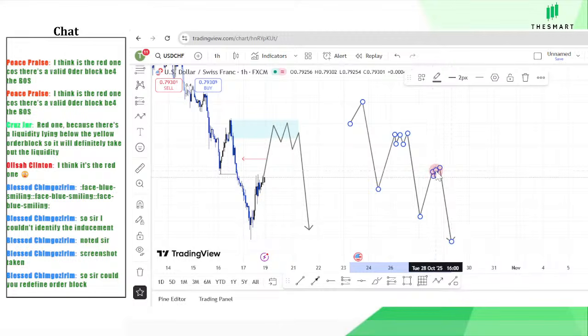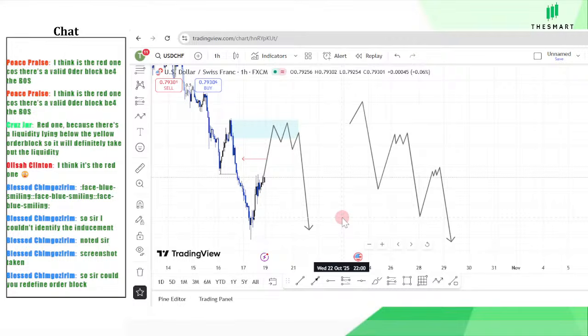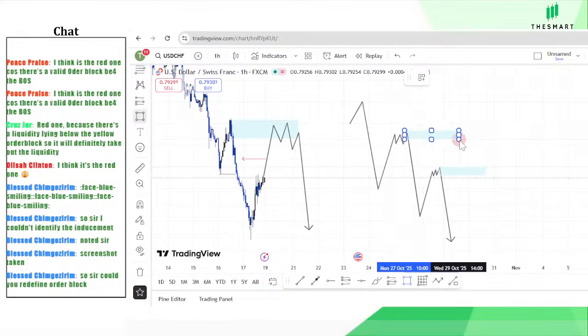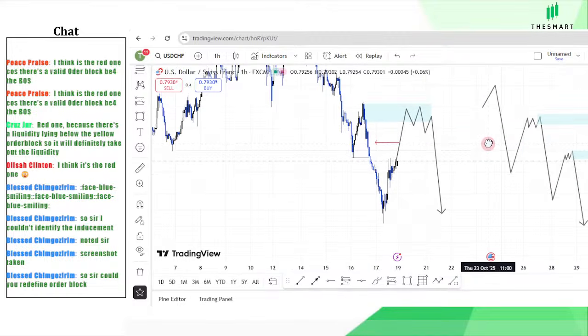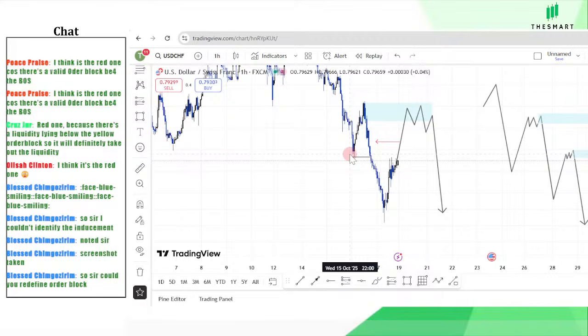So what it simply means is we have pending orders here. Let's assume, looking at the last chart, this price pulled up.